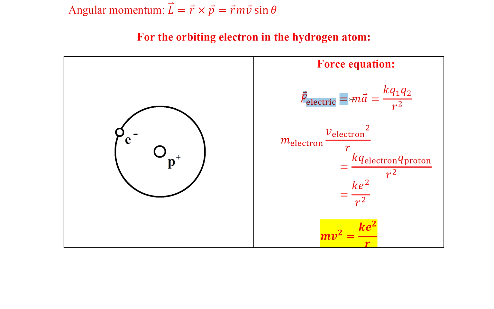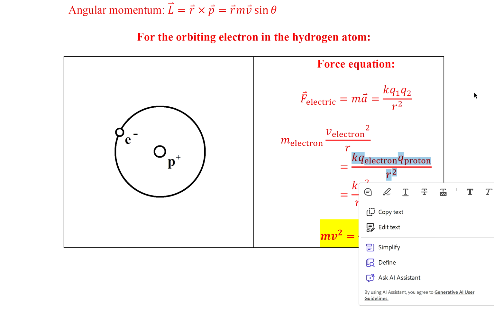We have F equals ma, which is kq1q2 over r squared. We know the acceleration in circular motion is v squared over r, so the electron is moving in a circle. So the mass of the electron times v squared over r is equal to kq1q2 over r squared.